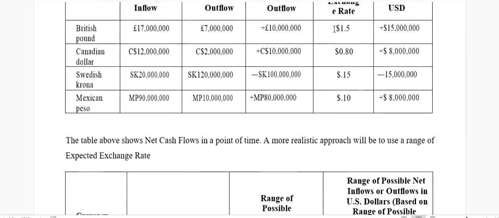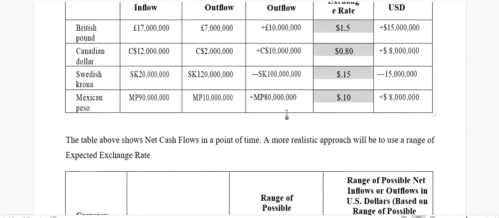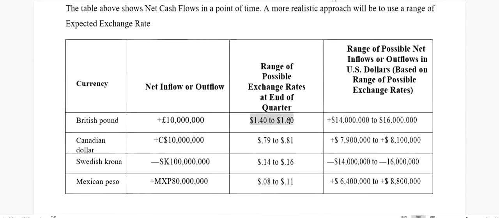And then, instead of relying on one value for one currency, I have developed a range, a minimum and a maximum. Now this $1.40 per pound means that if the value of the pound goes down, it can go down to 1.4, and if it goes up, it can go up to a maximum of 1.6.